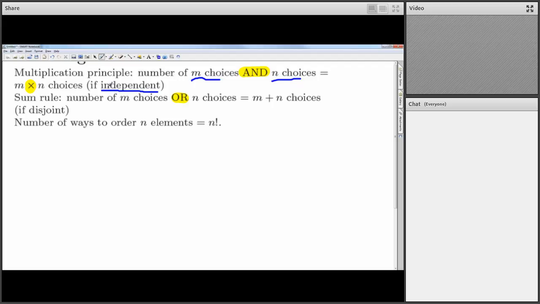But if you pick the first letter to be Q, for example, then the second letter really is forced to be the letter U in almost all English words. There's not many choices at all. And so there's a dependency. The two choices you make are dependent upon each other. So this multiplication principle really is a special case, but that's fine.